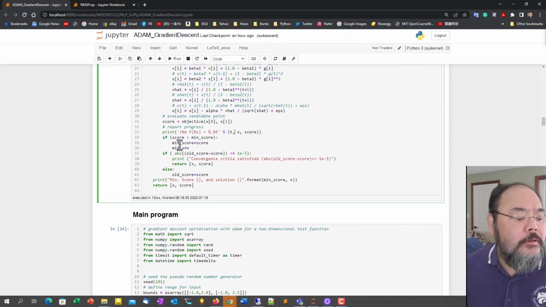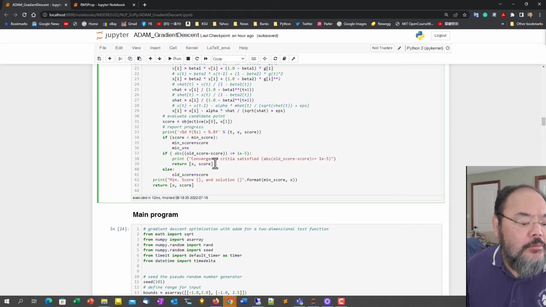If the score is less than the minimum score, then we update the minimum score and store the minimum score solution. I also test whether we should stop the algorithm early: if the old score minus the new score is less than 10 to the minus 5, and that is satisfied, I print that the convergence criterion is satisfied, and then return the solution.